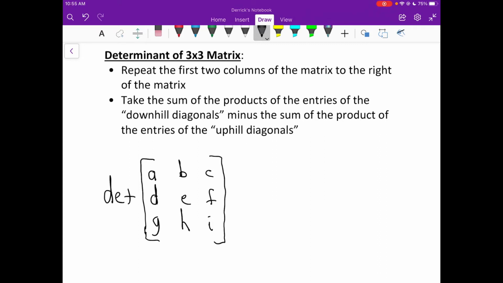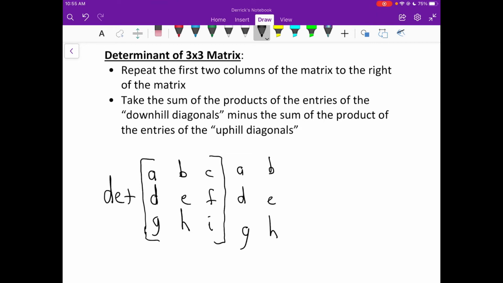In this generic example with a 3 by 3 matrix of A, B, C, D, E, F, G, H, I, you would take the first two columns, A, D, G, and B, E, H, and rewrite them to the right. See how this has turned it into more of a 3 by 5 than a 3 by 3?